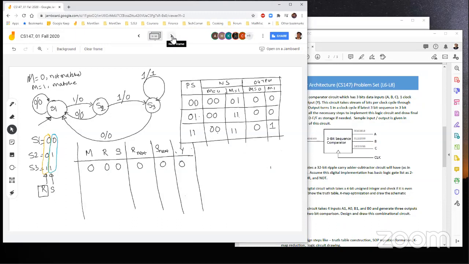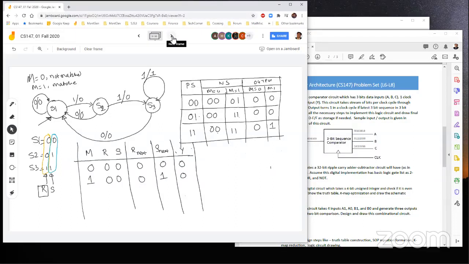Now we look at the current state 0, 0, and M is 1, which will give me the next state as 0, 1 and Y as 0. Okay, so I complete that.